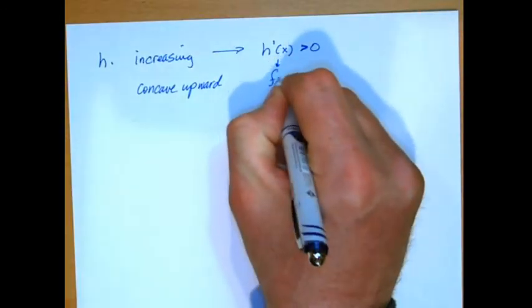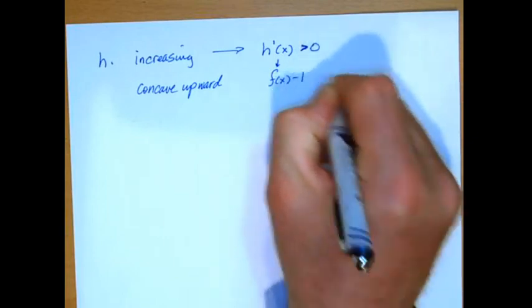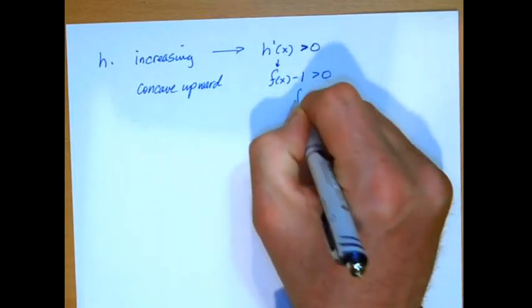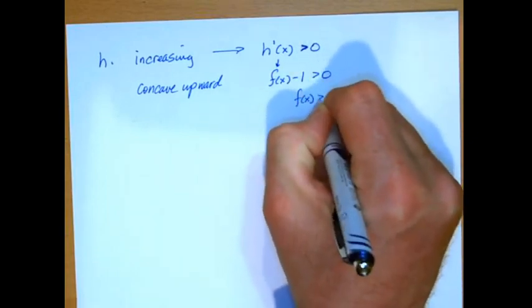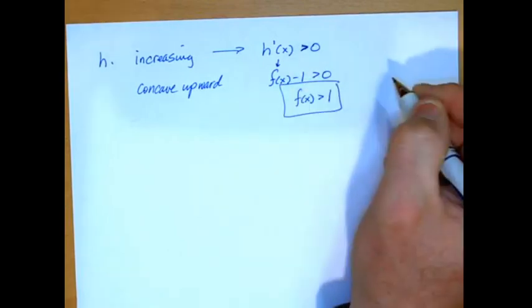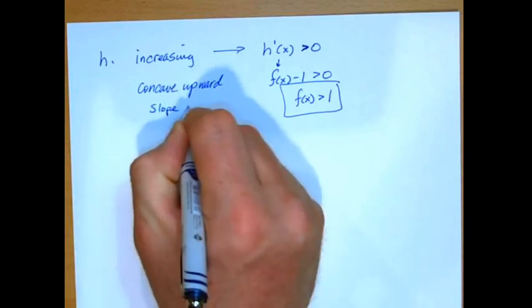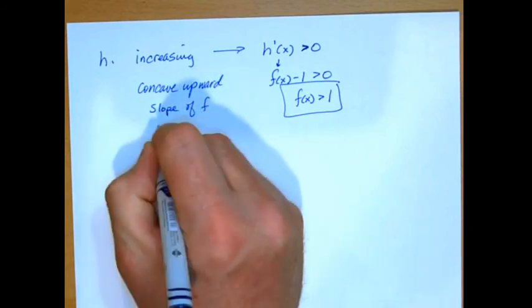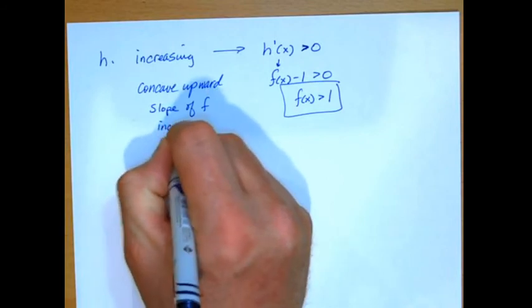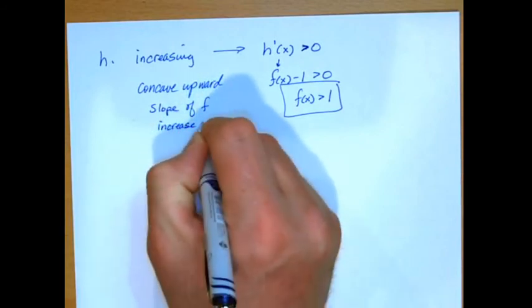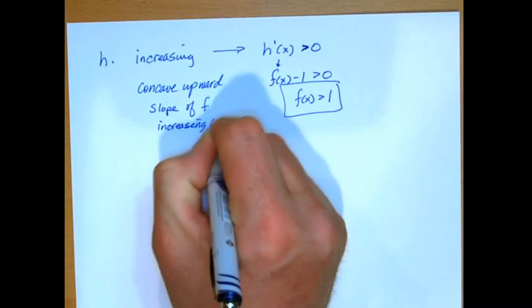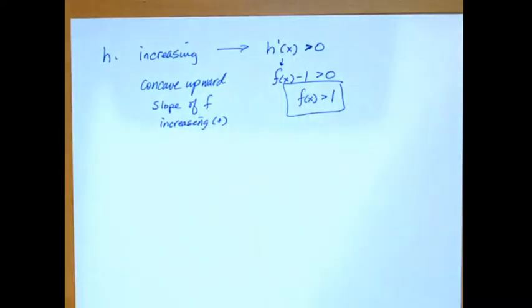So f of x minus 1 has to be greater than 0, which means the function value has to be greater than 1. And concave upward means the slopes of f are increasing, or positive.